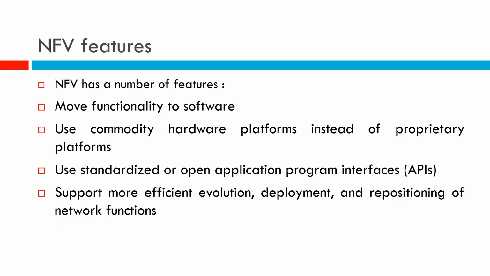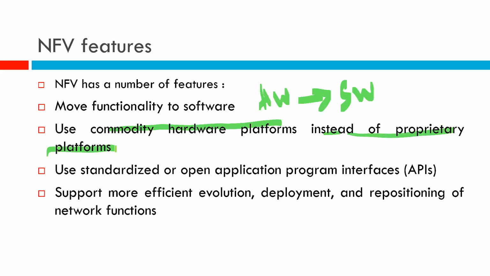So it has been noted that a lot of features are available, so it is totally from hardware to software. Move functionality to software. So use commodity hardware platform instead of proprietary platform. It means that you can use any hardware platform for doing the virtualization. And use standardized or open application program interface, right?